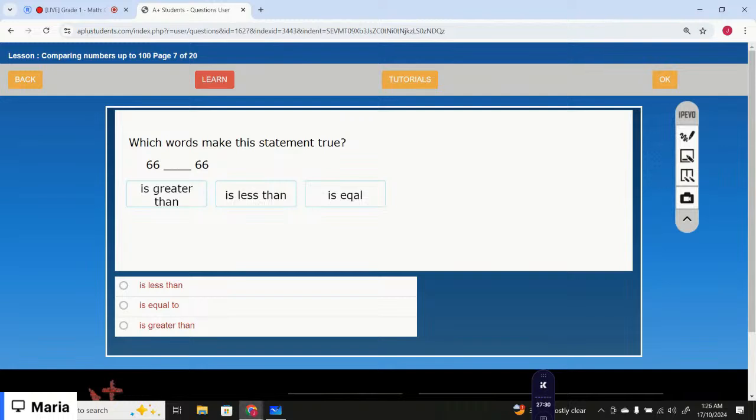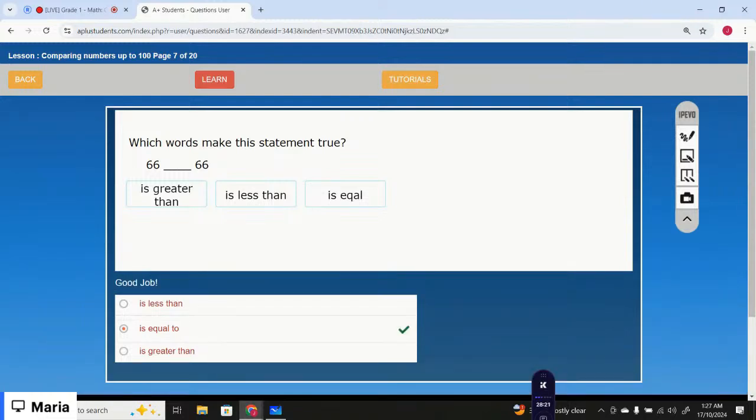Which words make the statement true? They are exactly equal, right? Because they are the same.